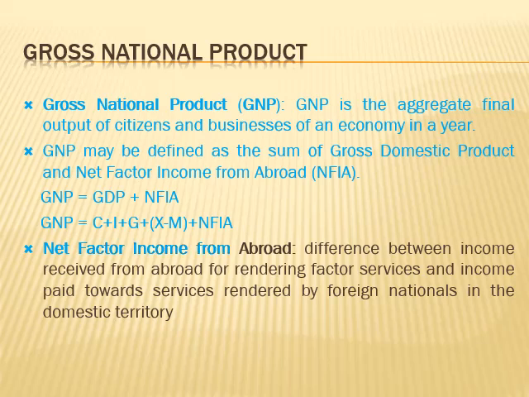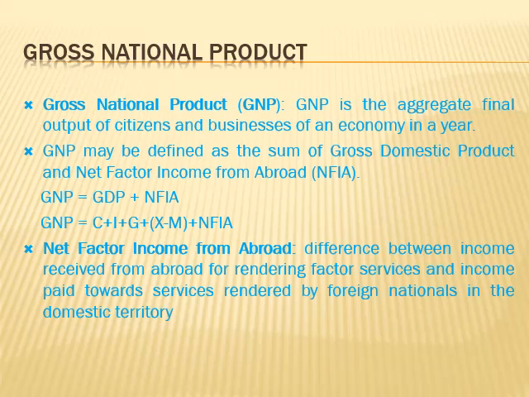So, GNP may be defined as the sum of gross domestic product and net factor income from abroad, NFIA. GNP equals GDP plus NFIA, where GDP, as mentioned before, equals C plus I plus G plus X minus M. What is the NFIA?